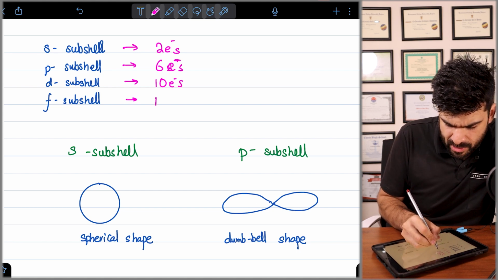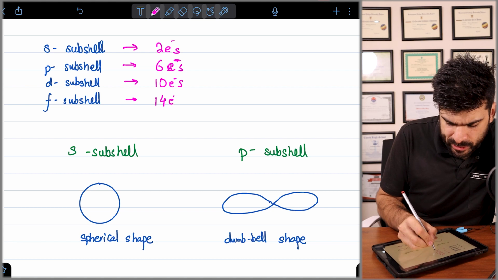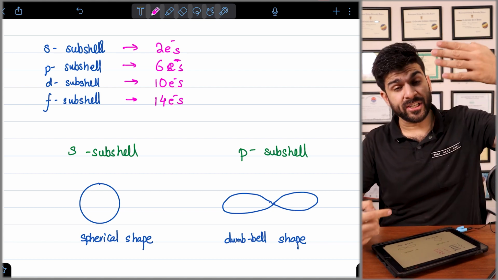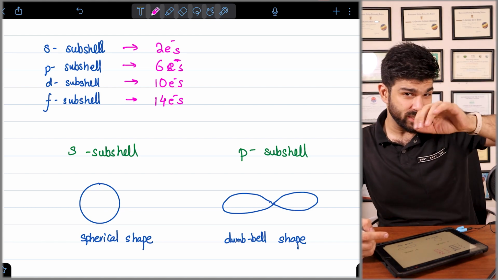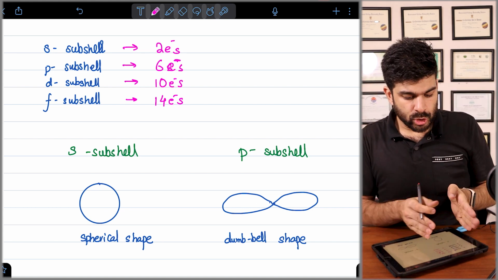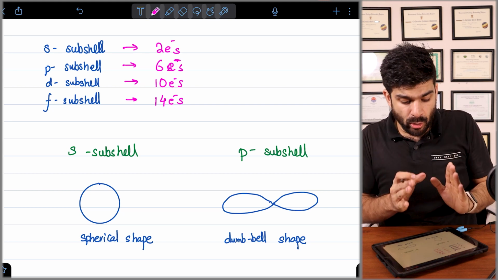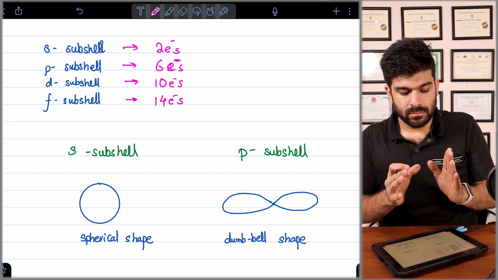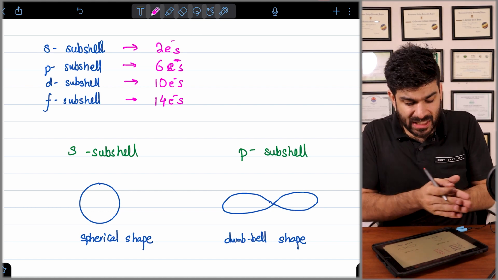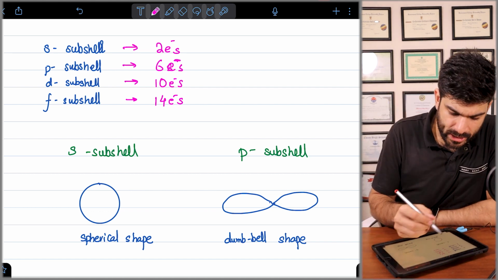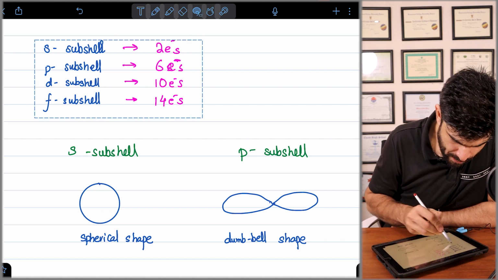And F can have a maximum of 14 electrons. As you see, there is an increment of 4 electrons when we go from one subshell to another. So that is how it's easier to memorize. So that is the amount of electrons that a subshell can have.